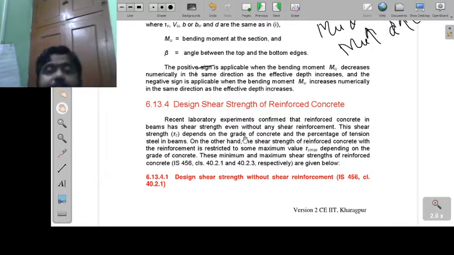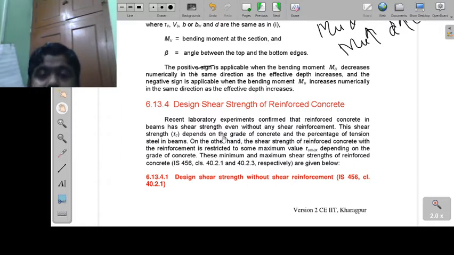Even if we do not provide any kind of shear reinforcement in the concrete structure, still the concrete can carry some kind of shear.